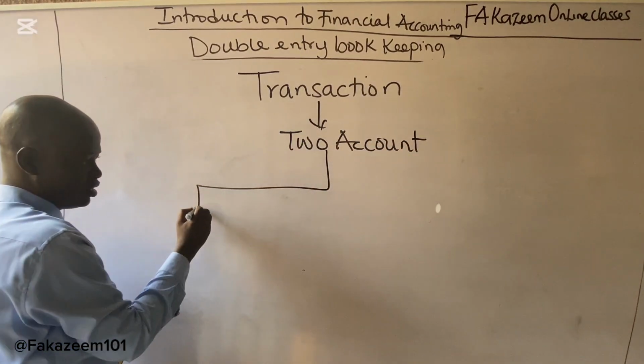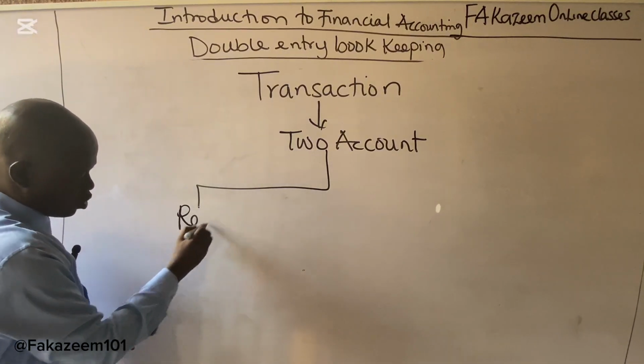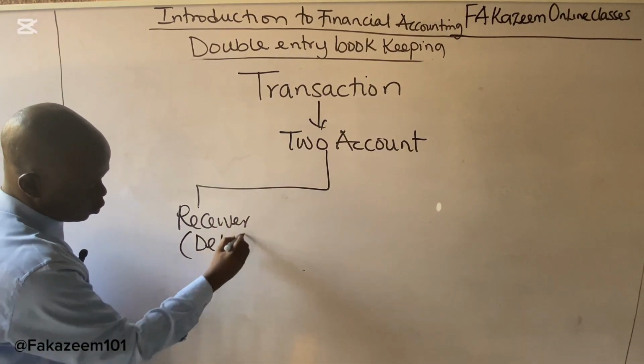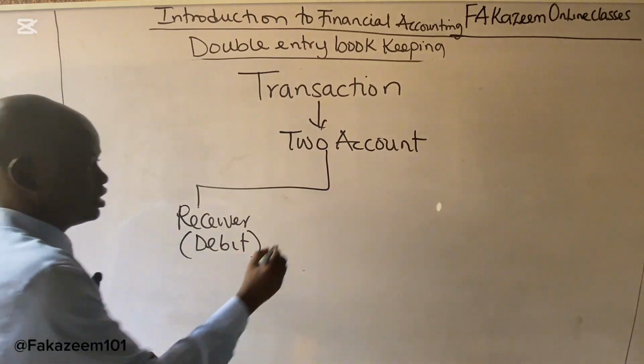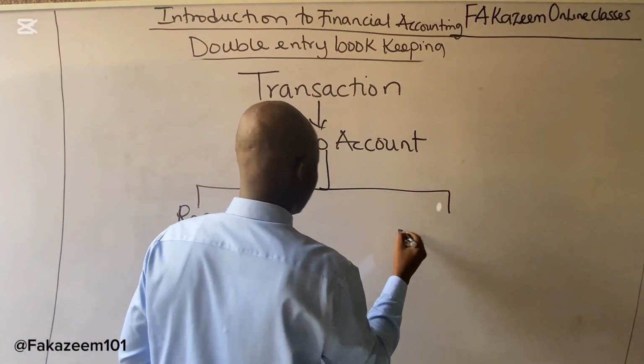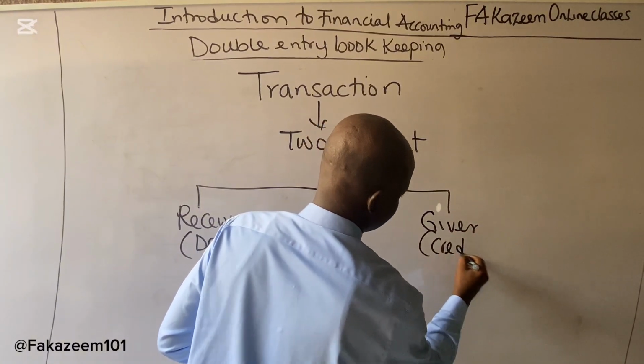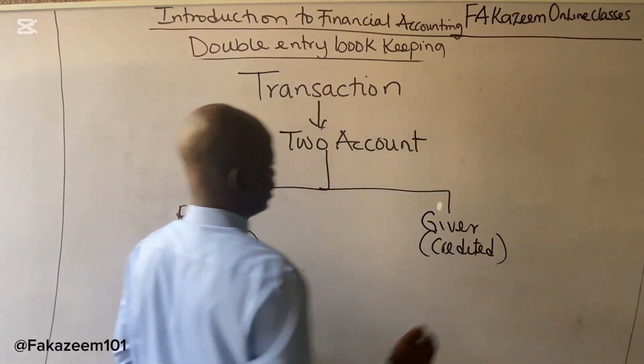One is recorded for the receiver, which is going to be debited, and one is recorded for the giver, which is going to be credited.